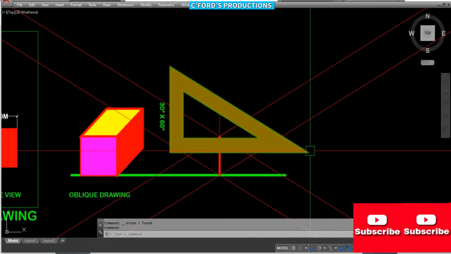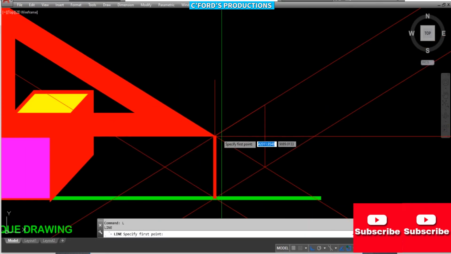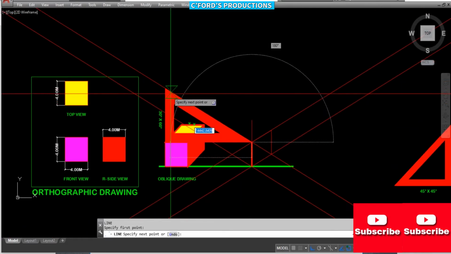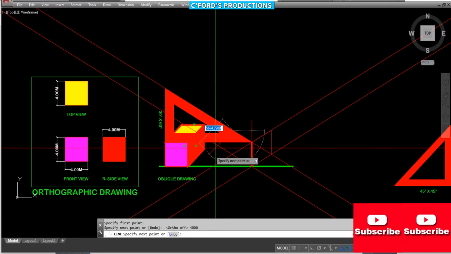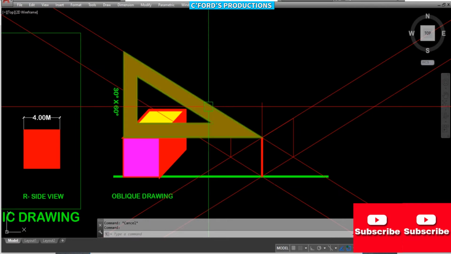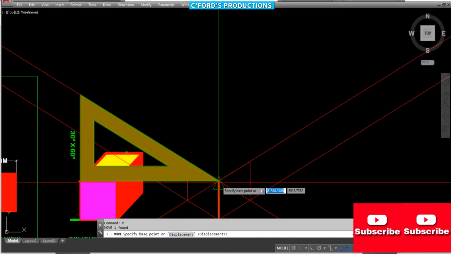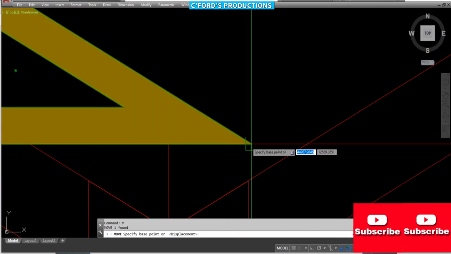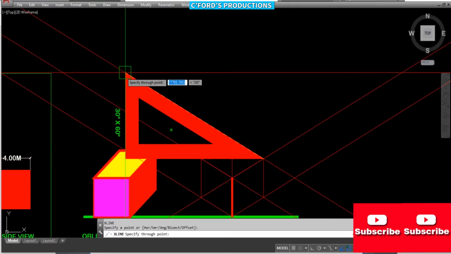Okay. So we'll move our triangle here. So straight line. Okay. So for there. And then connect. So move the triangle and also create here another construction line.